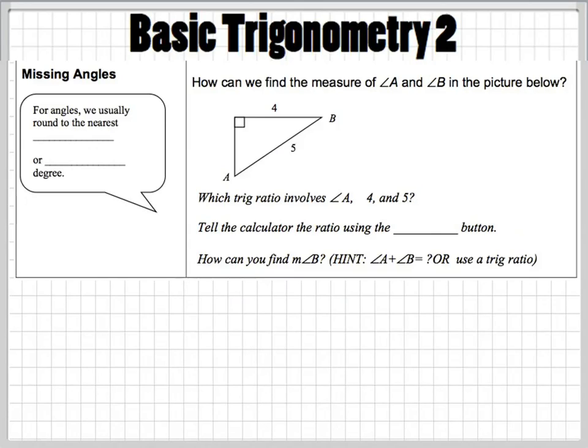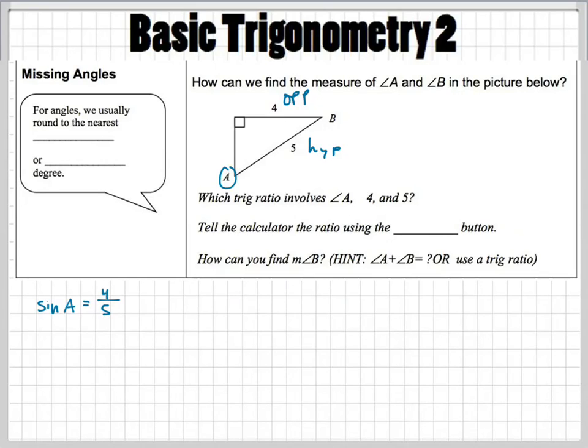Okay, so let's do A first. If we're looking for A, right here, and we're given the 5 and the 4, which trig function would you want to use? Yeah, this is opposite right here, and this is the hypotenuse for the A. Since we're using opposite and hypotenuse, we're going to want to use sine. So sine of A is going to equal 4, which is opposite, over hypotenuse, which is 5.